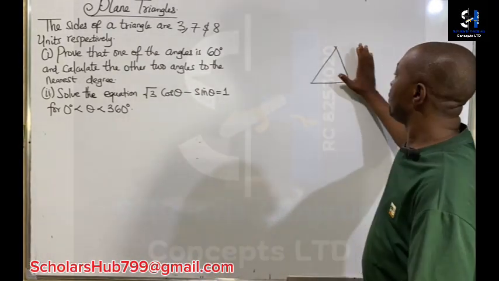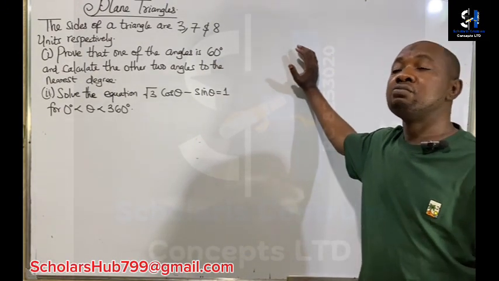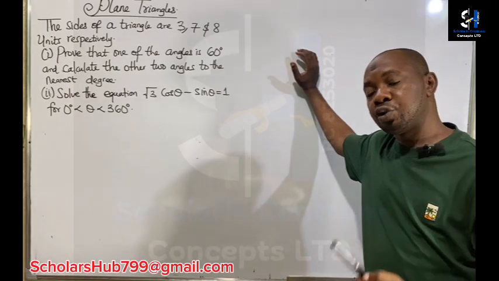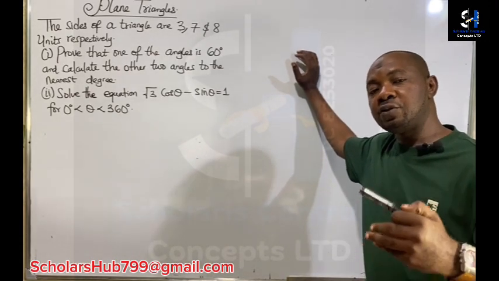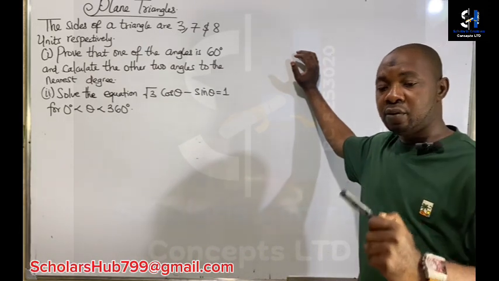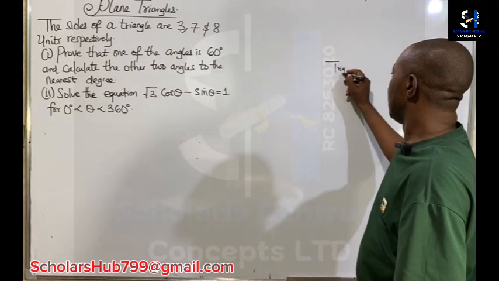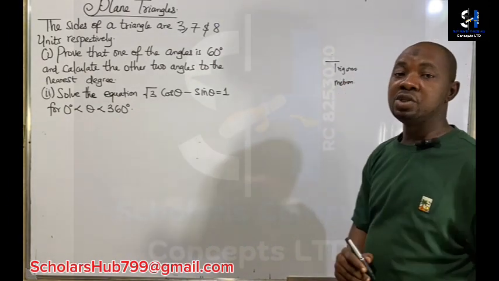Plane triangles are the foundation of basic geometry and trigonometry. The word trigonometry is coined from two Greek words. The first one is trigono, which means triangle, and the other is metron, which means measurement.